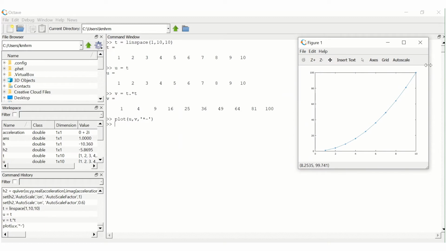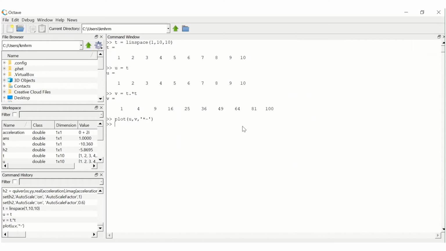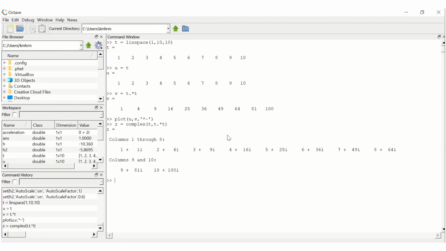So let's now try to plot this using complex numbers. So now you have a complex z. Before that, let's define z. z is going to be equal to complex of t dot times t, and then we shall plot this, so let me see, plot z.